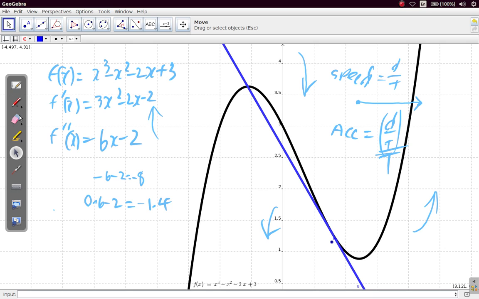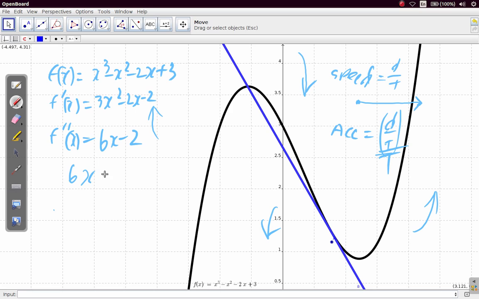Now, if you want to find where the swinging stops and changes direction, at no swing, that means when the gradient of the line stops becoming negative and becomes positive, or changes from positive to negative, is where the second derivative equals 0.